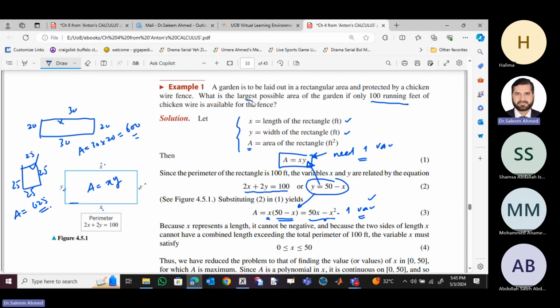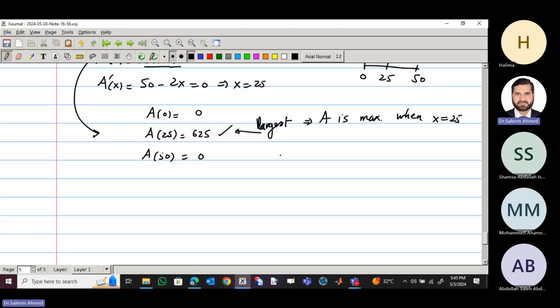He also asked me the largest possible area, so I can find the largest possible area. Therefore, the maximum or largest A is A at 25, which we have already calculated, which is 625. So this is my largest area, and this was the area when my sides are 25, 25.